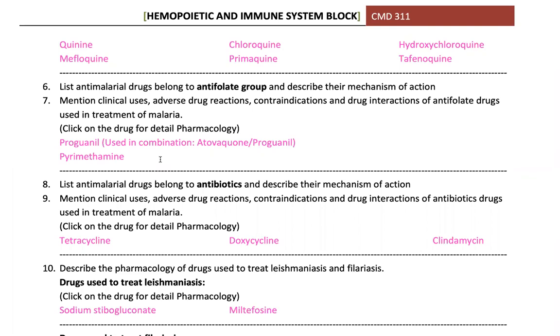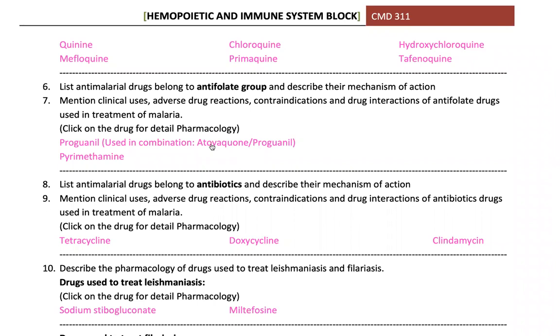It is approved within a combination with atovaquone; it is used with atovaquone and proguanil. The second drug is pyrimethamine, and it is also an antifolate drug. Its mechanism of action: it inhibits folic acid synthesis, as the name indicates, antifolate, in the protozoa. So proguanil and pyrimethamine are the drugs belonging to the category of antifolate group.